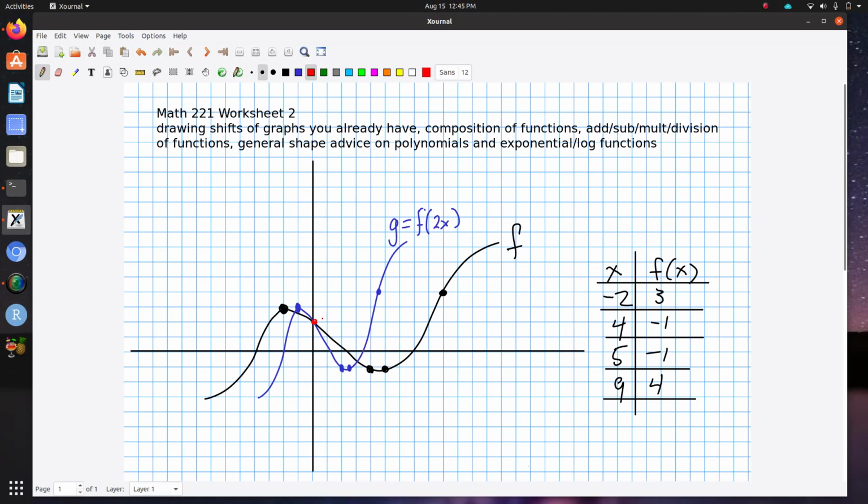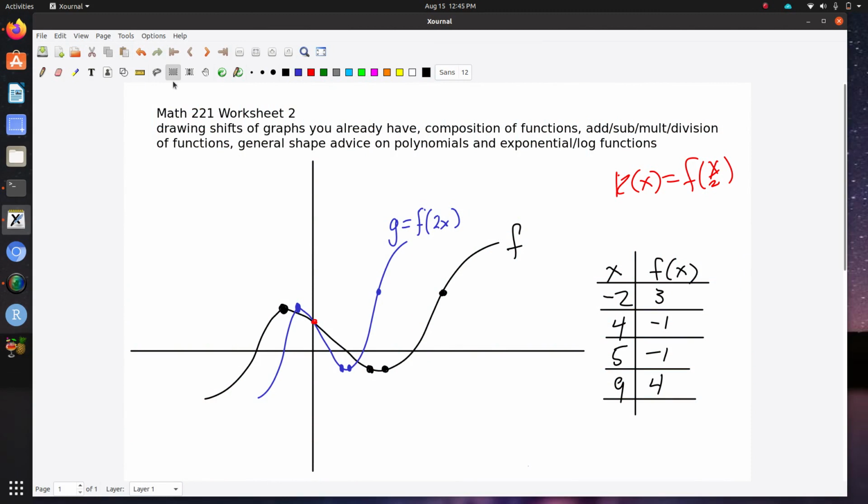And then it's just sort of like an accordion. It either compresses or it stretches. So if you wanted k of x as a new graph, f of x over 2, it's actually going to stretch the whole thing out farther, so it goes like that. I'm not going to line that one up for you. But that's what would happen to that graph.